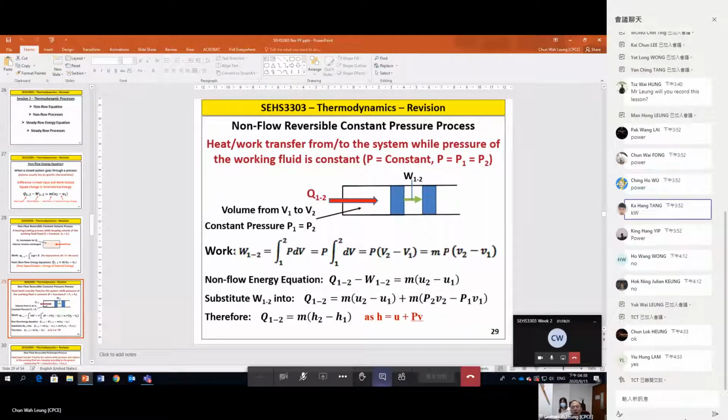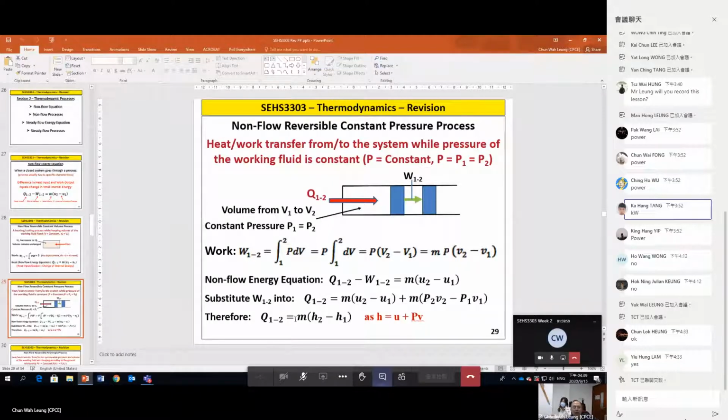Therefore, the work done can be the total mass times the pressure times the specific volume at 2 minus the specific volume at 1. Right? Once we solve the work done, then we can substitute this work back into the first law flow equation.